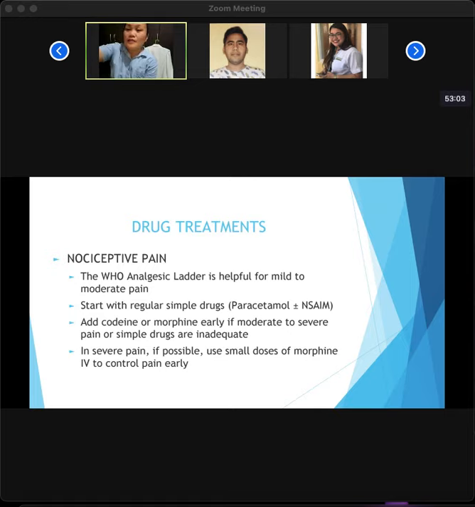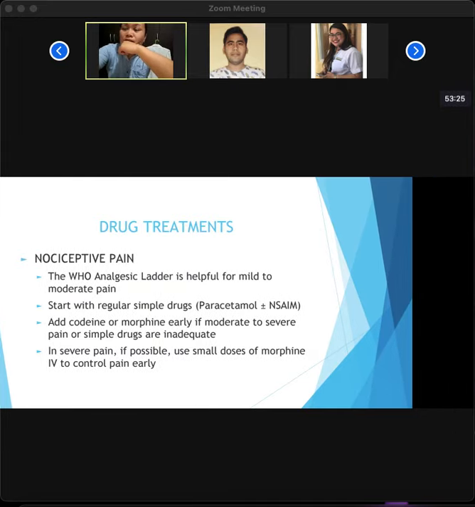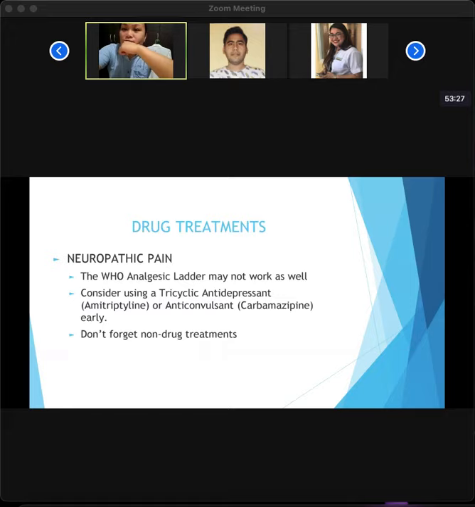If the pain goes up in the ladder to moderate, severe, then you can give morphine or other opioids if the pain is severe. For neuropathic pain, you can also use the WHO ladder, and you can use your TCAs such as amitriptyline and anticonvulsants.